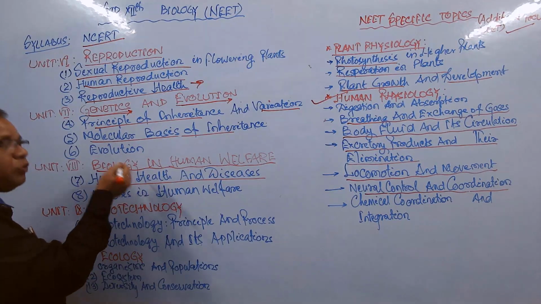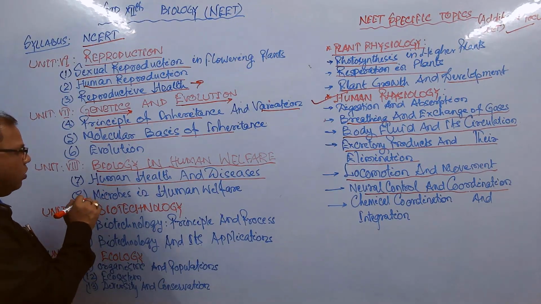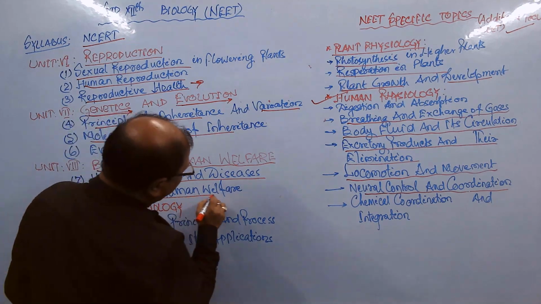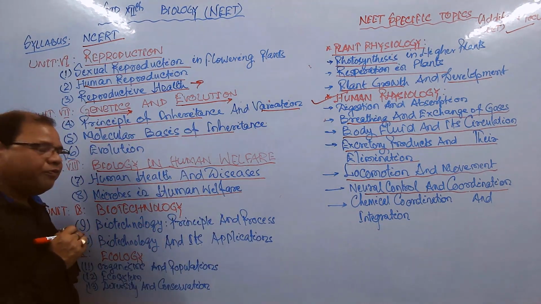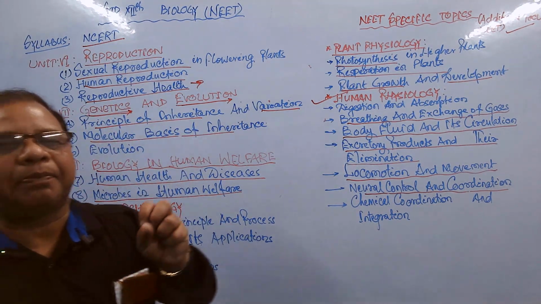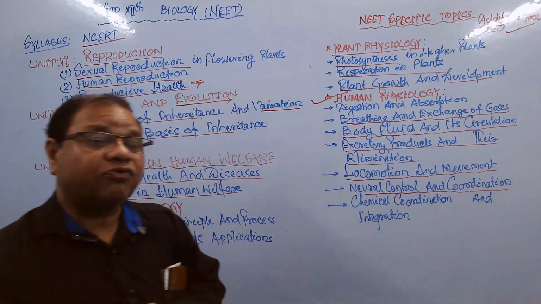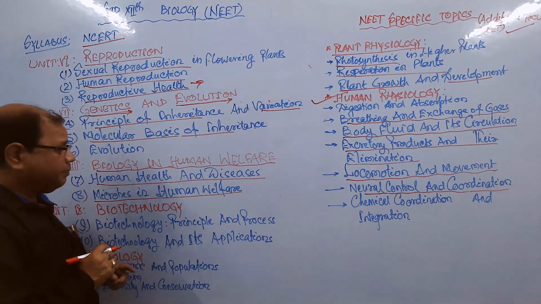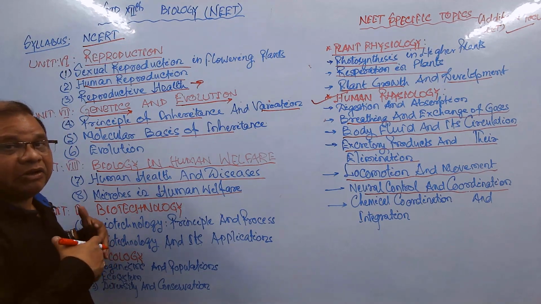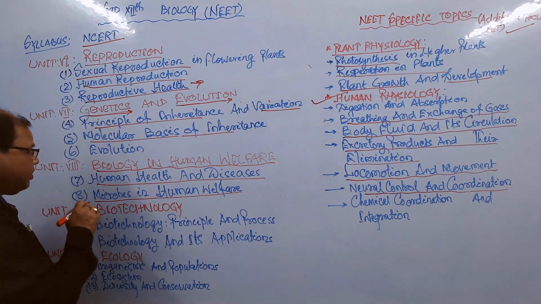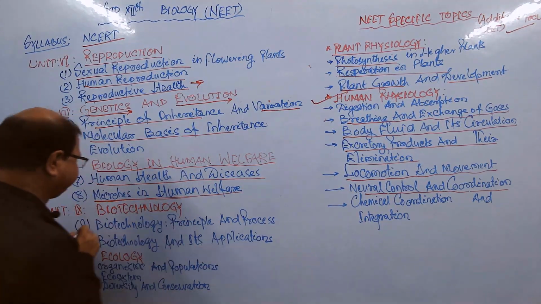Regarding this, we have to go through biology, and especially microbes in human welfare. Microbes, the many minute particles like bacteria and viruses, are very essential for growth and development, and for a healthy, wealthy, wise and prosperous life. Microbes are very essential for humankind.